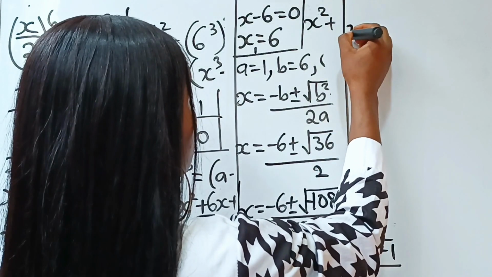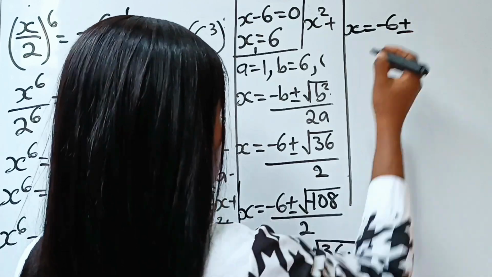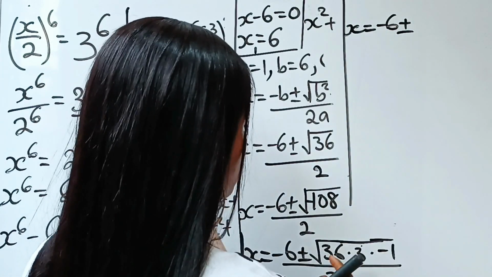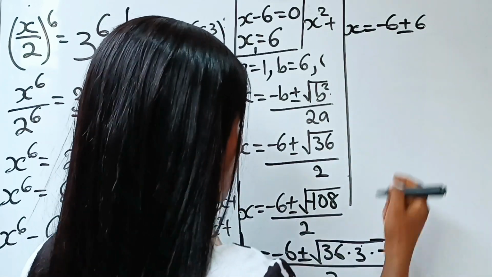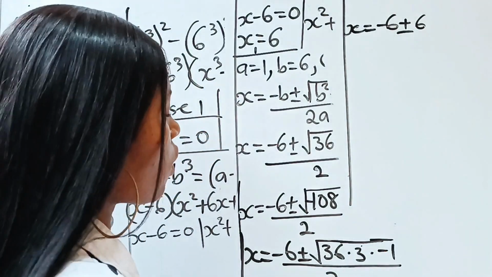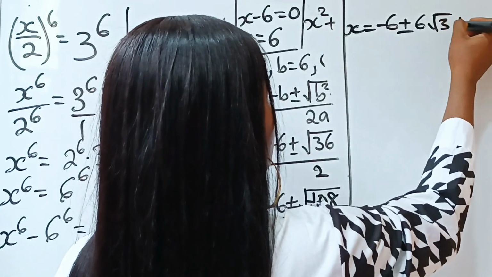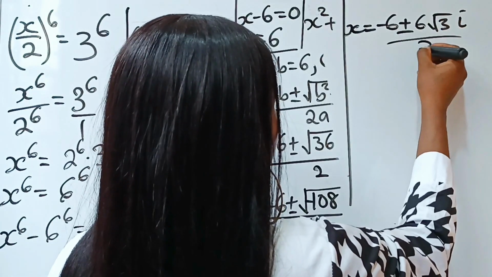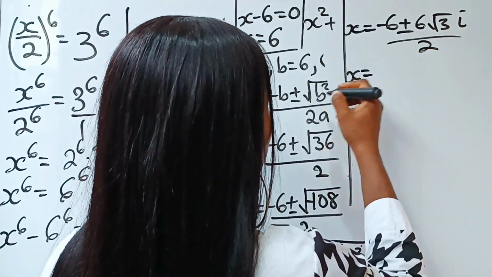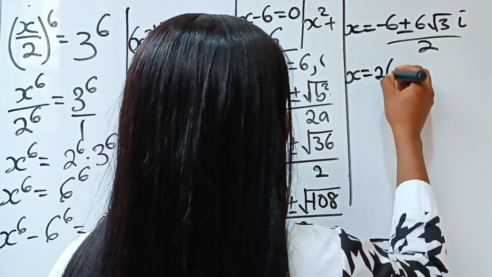Now this is what we have. x then is equal to minus 6 plus or minus square root of 36, which will give us 6. Then we have root 3 and root minus 1 is i. So we are going to have root 3i, divided by 2. So we have x is equal to, let's factorize 2 out. So we have 2 brackets.